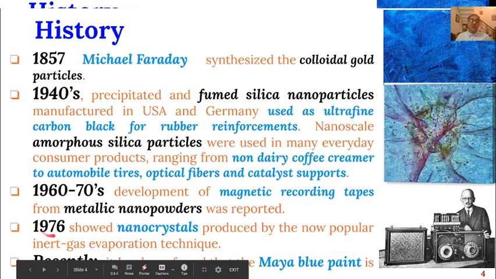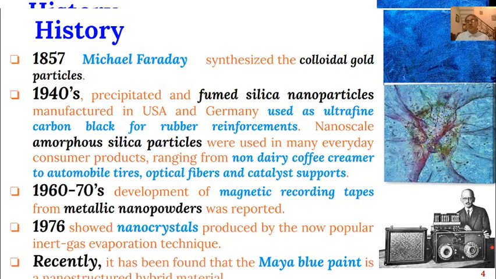Then in 1976, nanocrystals were produced by the inert gas evaporation technique, and recently Maya blue paint, a nanostructured hybrid material, has been formed.